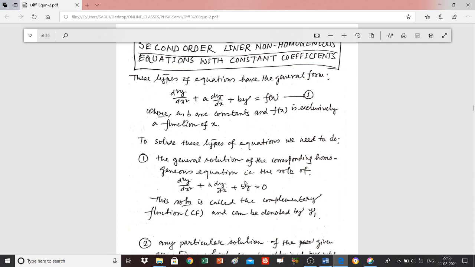So the first process is to make the left hand side equal to 0, then solve for y, and that y is said to be the complementary function of this differential equation.